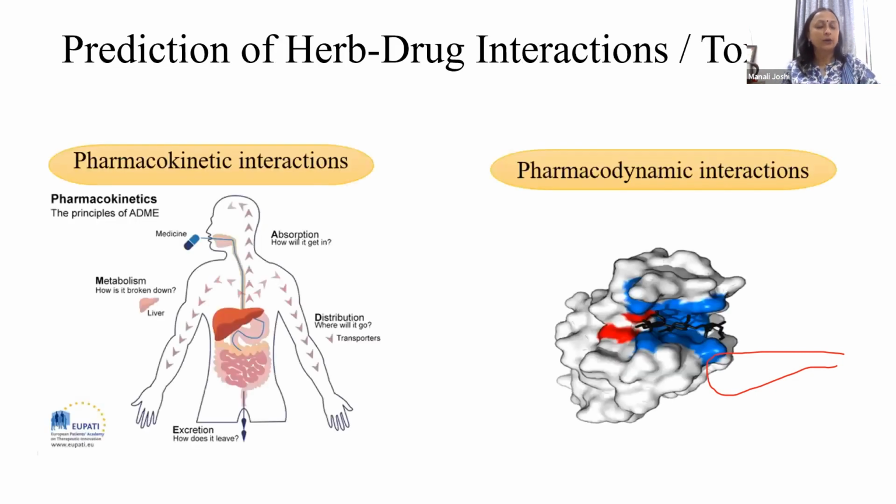Quickly, I'll also touch upon a few other topics, for instance herb-drug interactions or toxicity. Pharmacology tells us about pharmacokinetics and pharmacodynamics. When we take a particular medicine, it needs to be absorbed, it needs to be distributed.